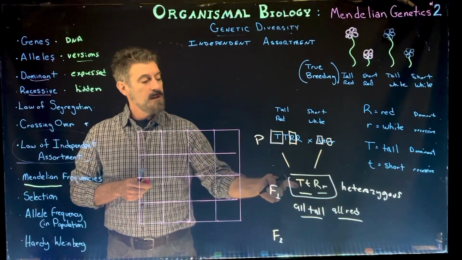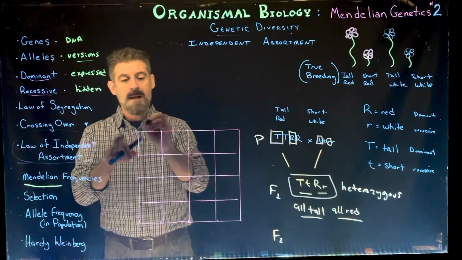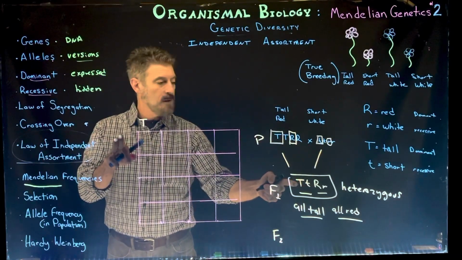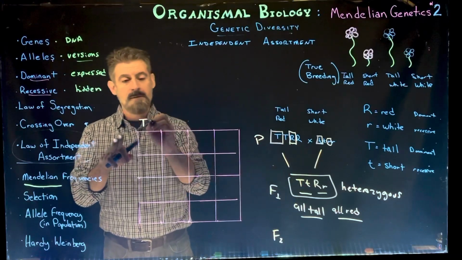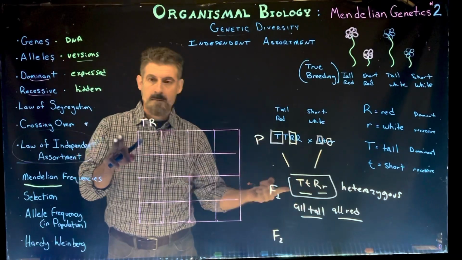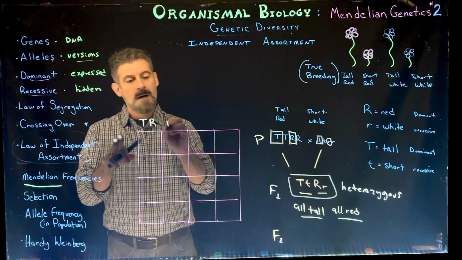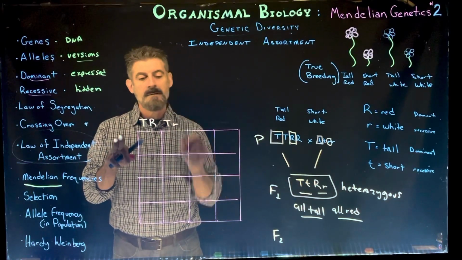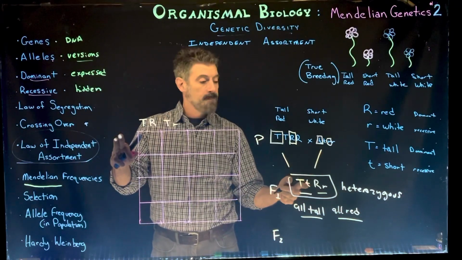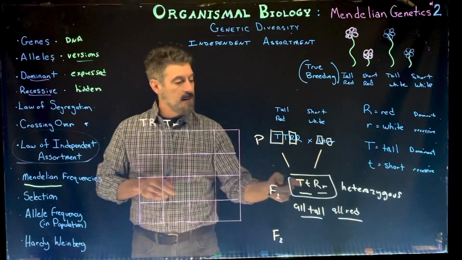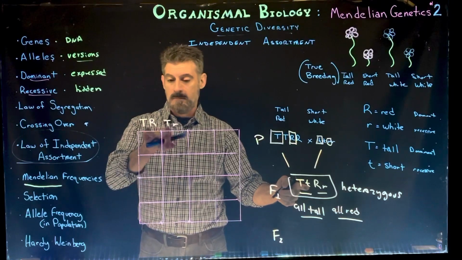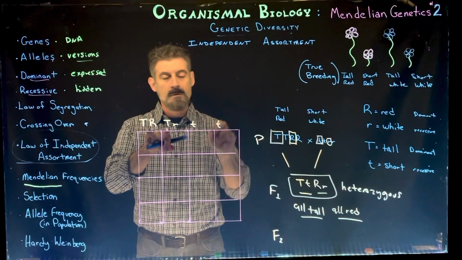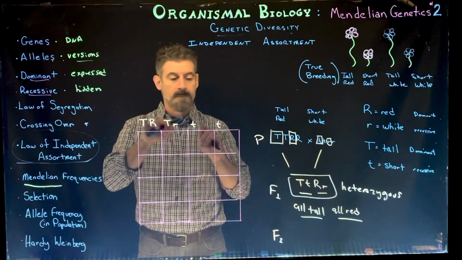So this particular individual can give the dominant for tall and potentially give the dominant for red. It could give the dominant for tall, or it could give the recessive for white. Either way. And then if we flip it to the other side, it's also 50-50. So tall, and then also 50-50, it can give the short gene.